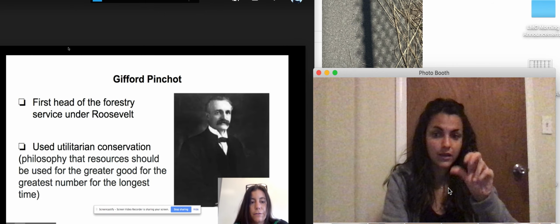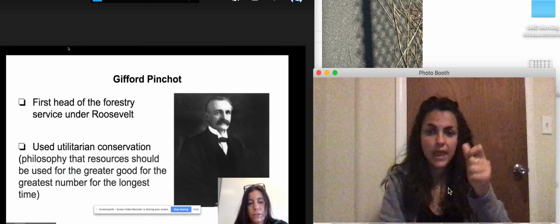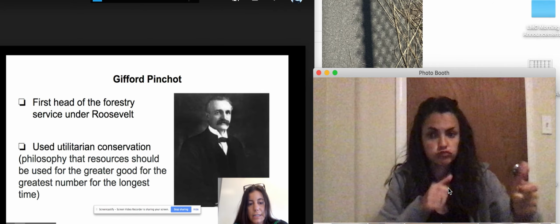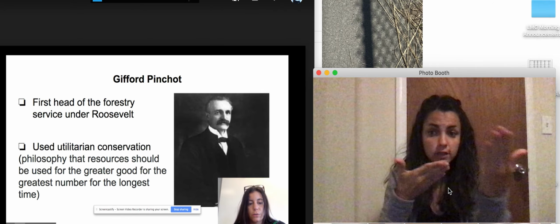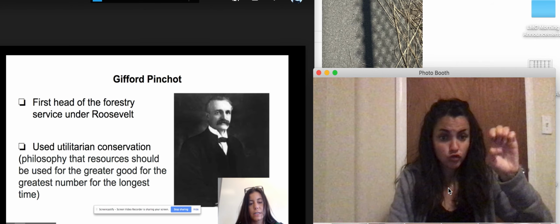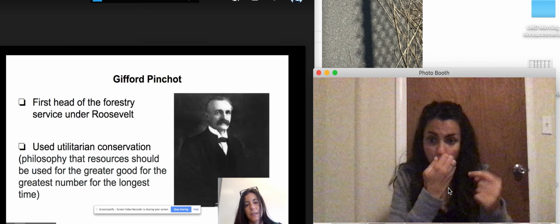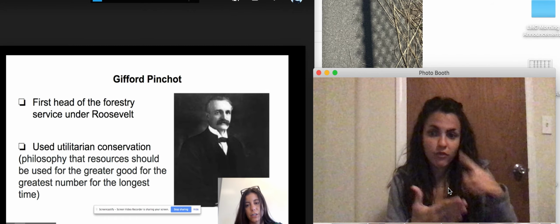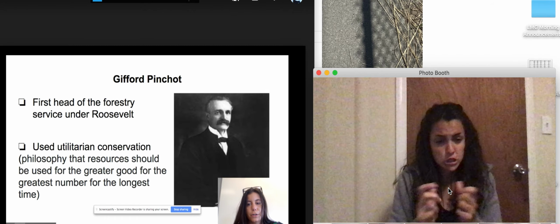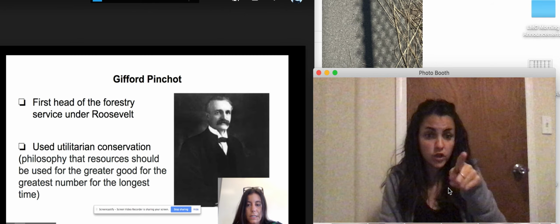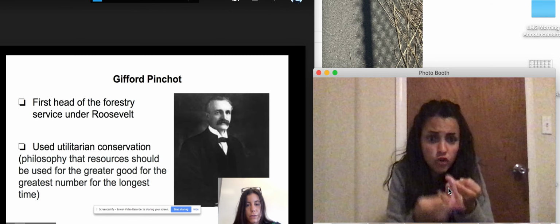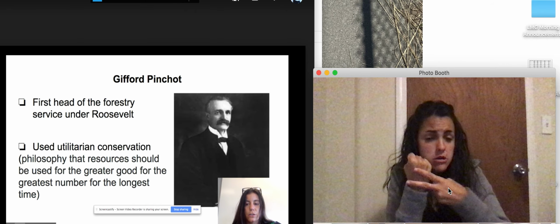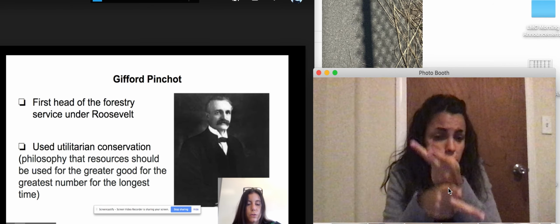Gifford Pinchot, the first head of the Forestry Service under Roosevelt, used this philosophy that resources should be used for the greater good, for the greatest number of people for the longest time, which is a type of utilitarian conservation. So basically, you should preserve the resources. He's not saying you can't use the resources, but to preserve them so that future generations will be able to use those resources.